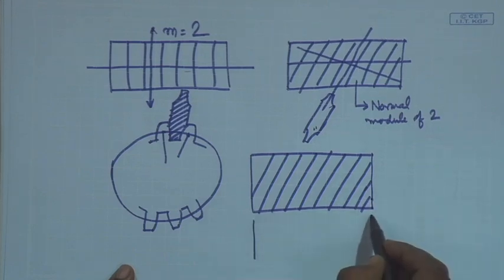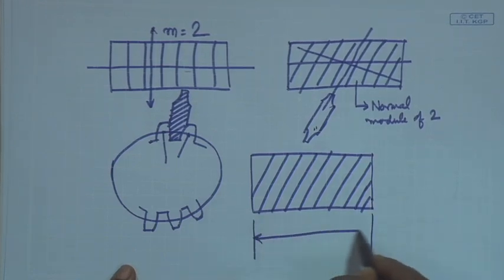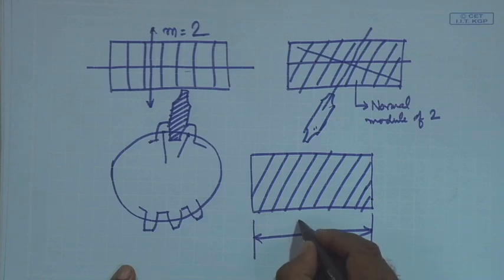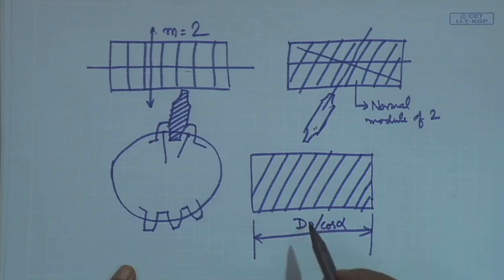Already we know that this diameter is equal to dp by cos alpha, where dp is the pitch diameter of the corresponding spur gear. That means, same module as the normal module of the helical gear and same number of teeth. So, that is divided by cos alpha, and that way we get the pitch diameter of the helical gear.